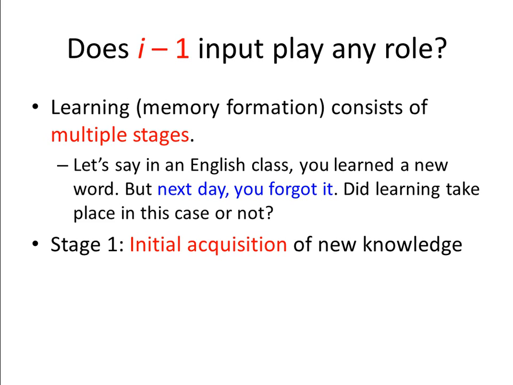So actually, this story tells us that there are two aspects of learning. Or maybe I should say two stages, at least. The first stage is the initial acquisition of new knowledge. So when I said you learned a new word, we are talking about the initial acquisition of new knowledge. Okay, this is the first stage.